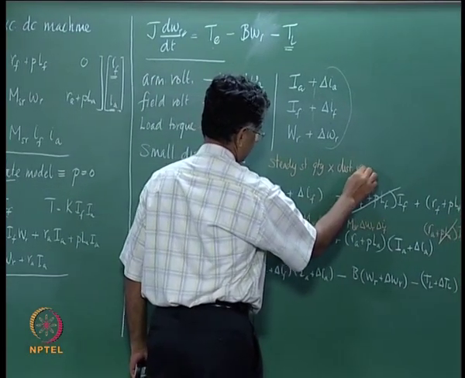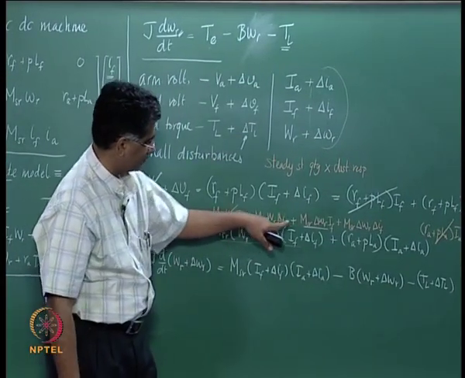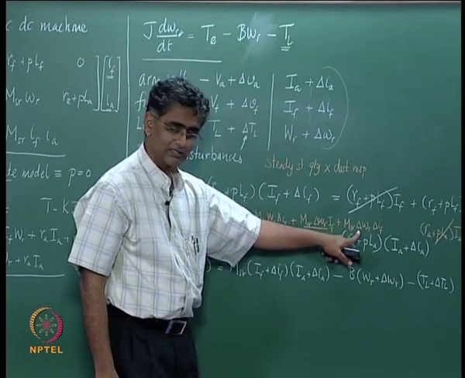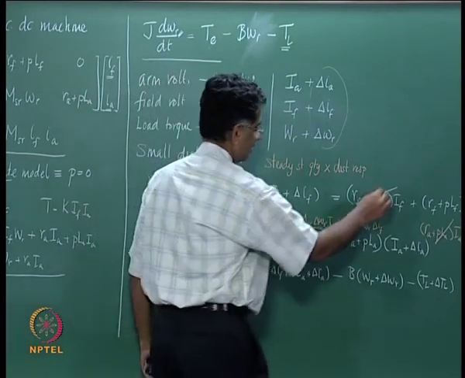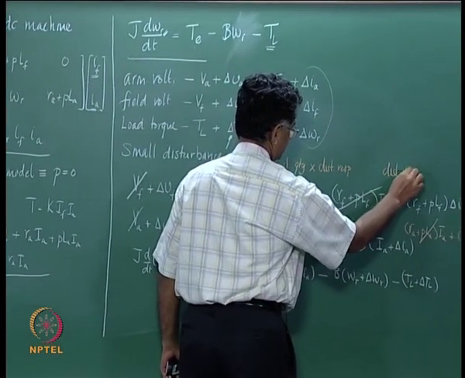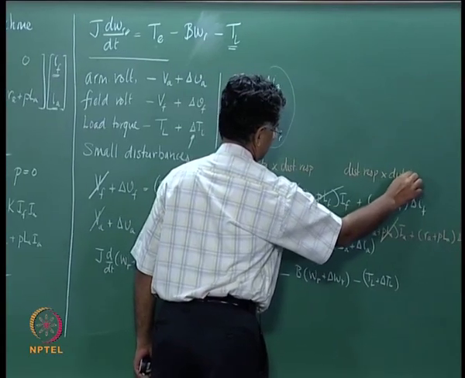That is the nature of this first term as well as the second term. Whereas, if you look at the next term, this is of the nature of a disturbance response multiplied by another disturbance response.